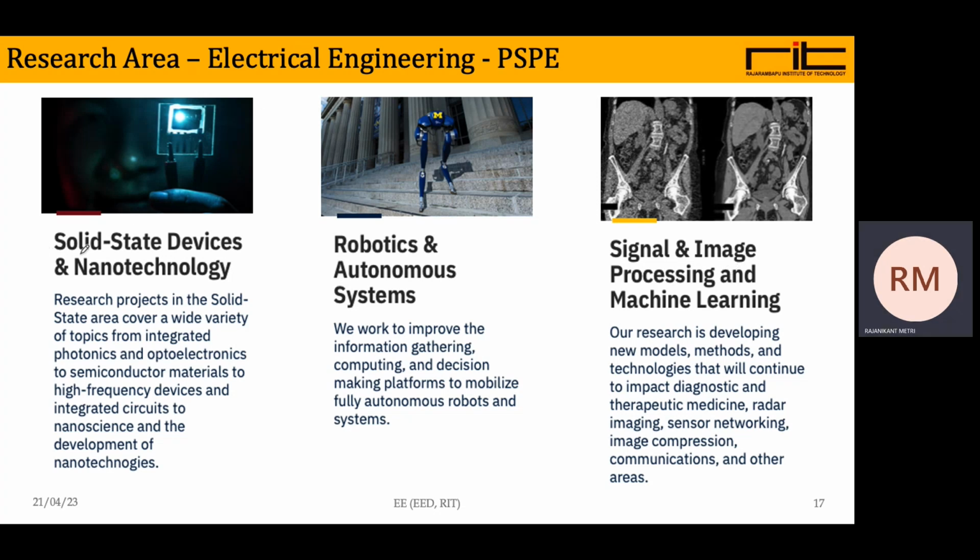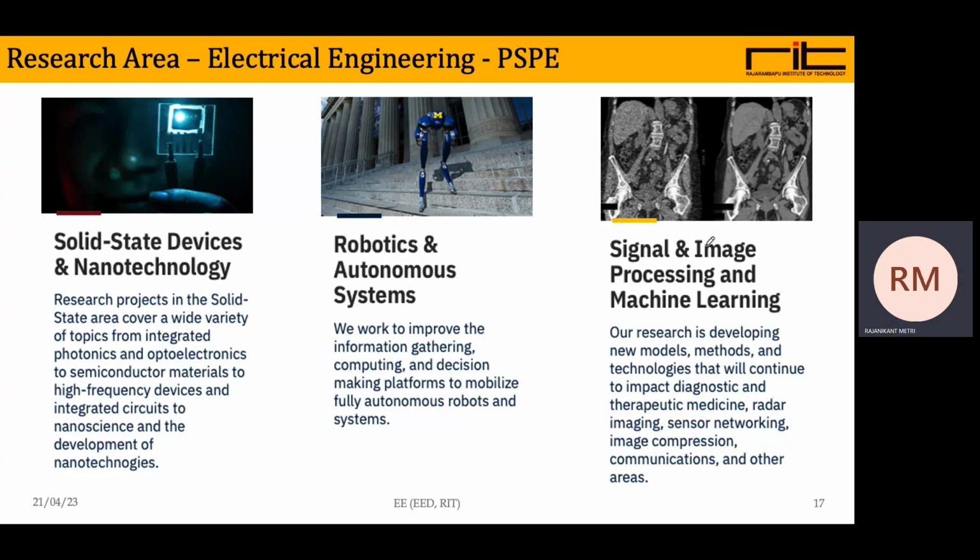Then solid state devices and nanotechnology is another research area where projects can be taken up. Then robotics and autonomous systems. In the previous decade, electric vehicles came, and now we are talking about autonomous e-vehicles.